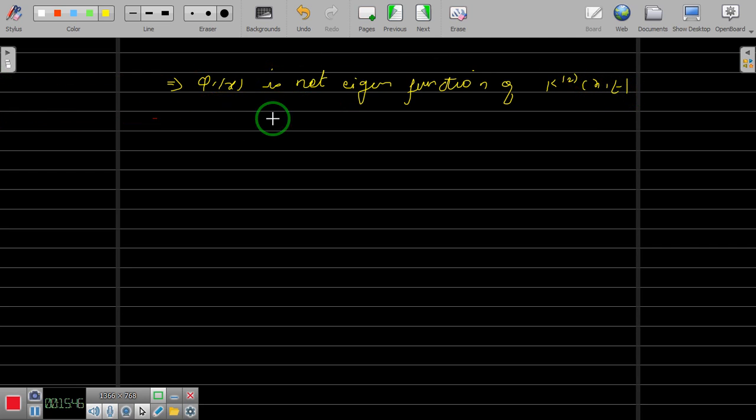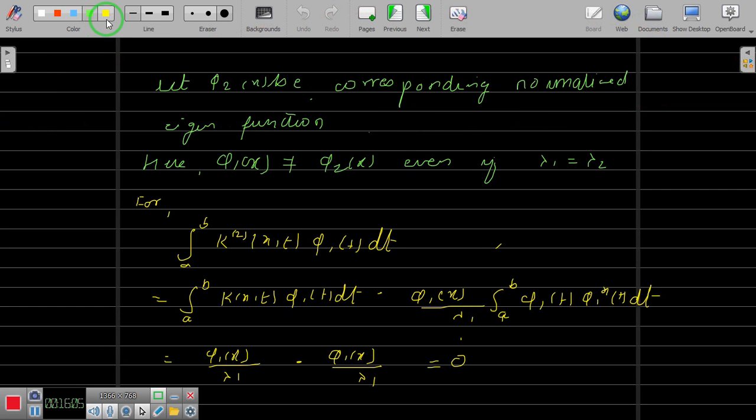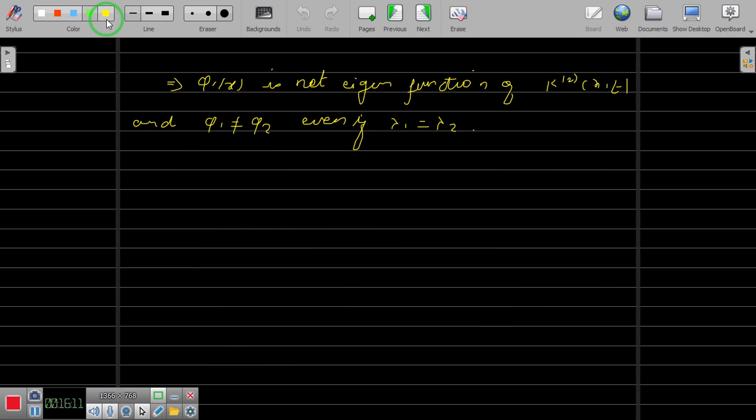And if it is not the eigenfunction, then phi 1 of x need not be equal to phi 2 of x, even if lambda 1 is equal to lambda 2. That's done. So that is the fact I have proved: phi 1 of x is not equal to phi 2 of x, even if lambda 1 is equal to lambda 2. Now using this phi 2, let us define next.